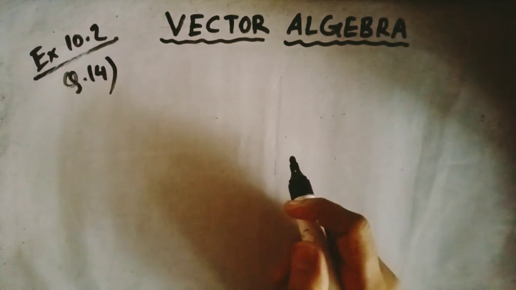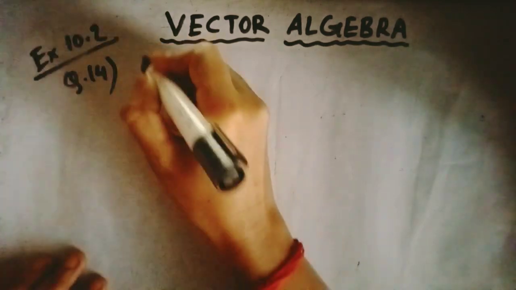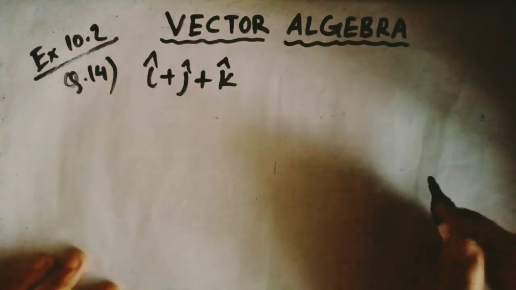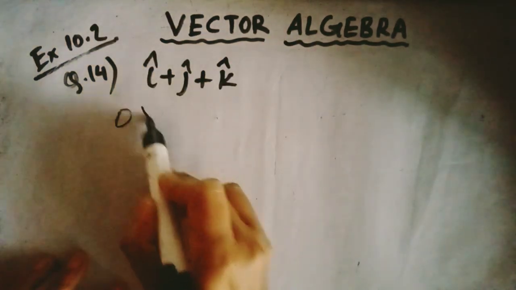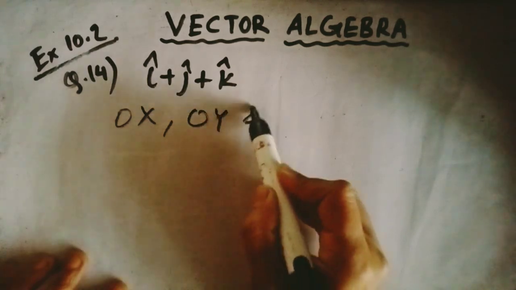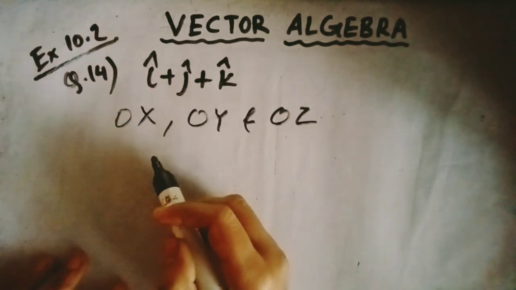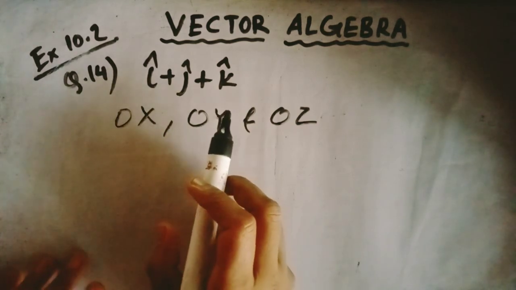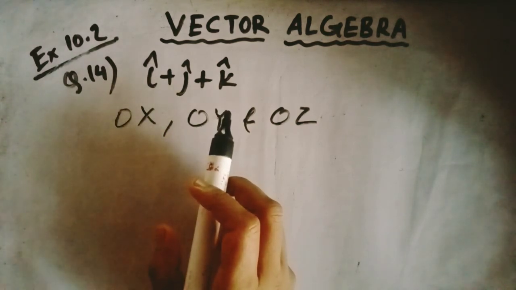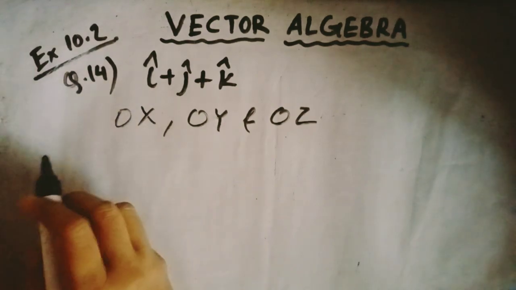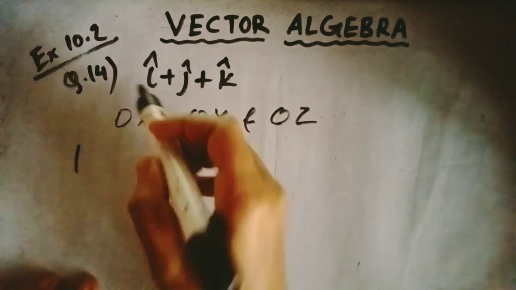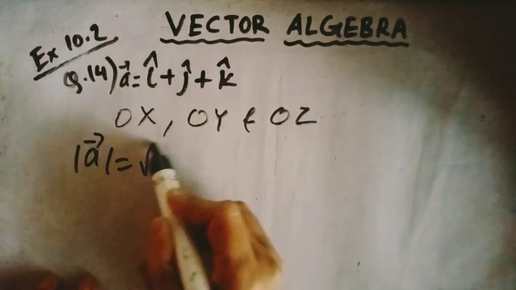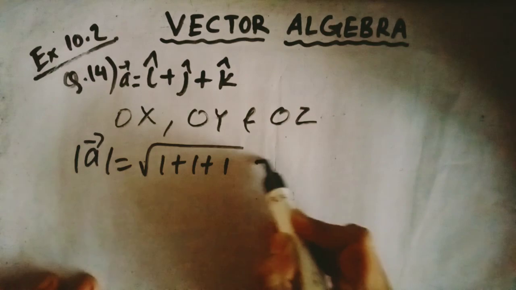Question 14. Show that the vector i plus j plus k is equally inclined to the axes OX, OY and OZ. For this you just have to find the direction cosines. Suppose this is a vector, then its magnitude is root of 1 plus 1 plus 1, so root 3.